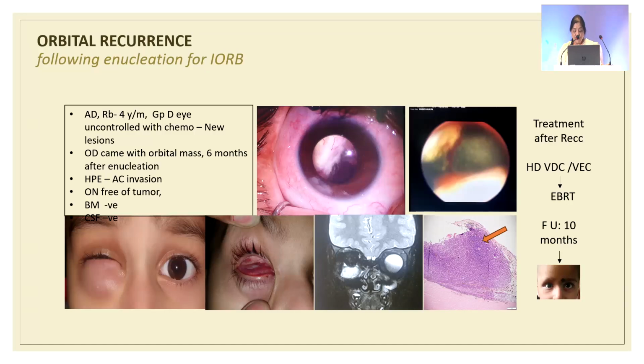So this patient was not considered for adjuvant chemotherapy by the pediatric oncologist, and came back 6 months later with an orbital mass. Finally he was subjected to high dose chemotherapy and EBRT, and currently at 10 months of follow-up, he's doing fine.